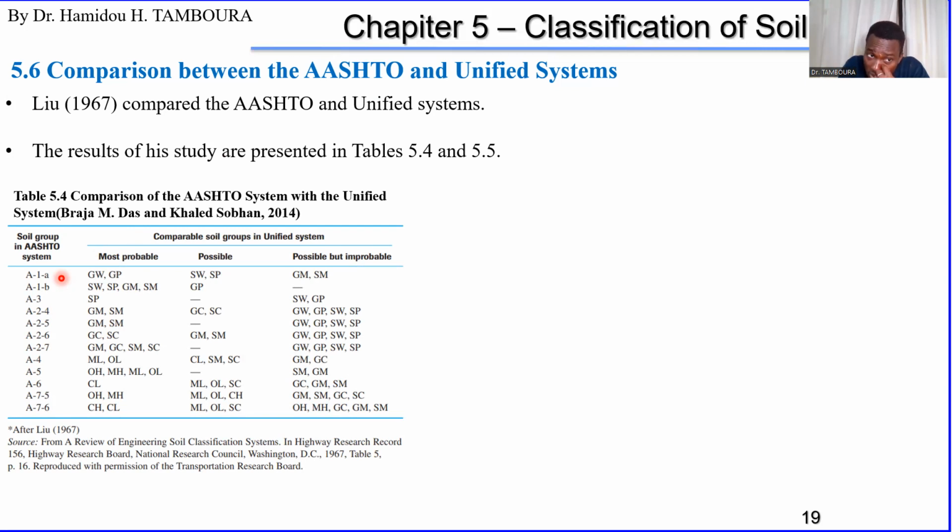For example, if you take the AASHTO soil group symbol A1-a, the most appropriate corresponding group symbol in the unified classification system is this: well-graded gravel and poorly graded gravel. And the possible classifications are these: well-graded sand and poorly graded sand.